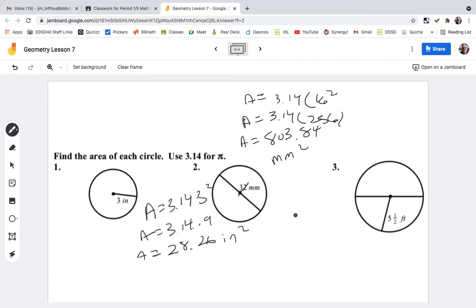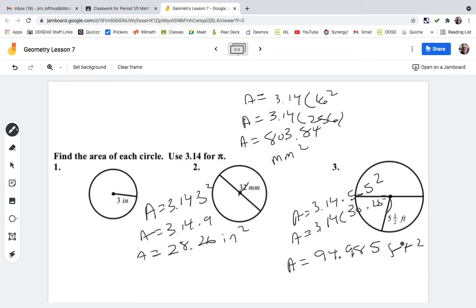And the last one, area is equal to 3.14 times 5.5 squared. 5.5 times 5.5 equals 30.25. Area equals 3.14 times 30.25, and area equals 94.985 square feet.